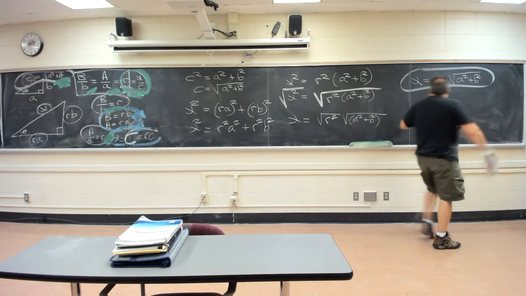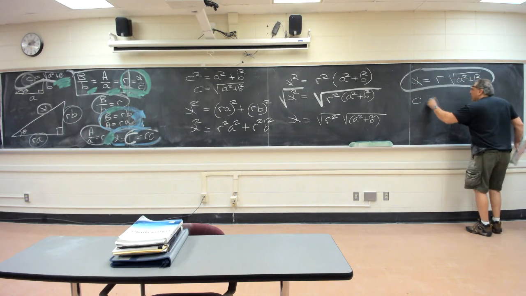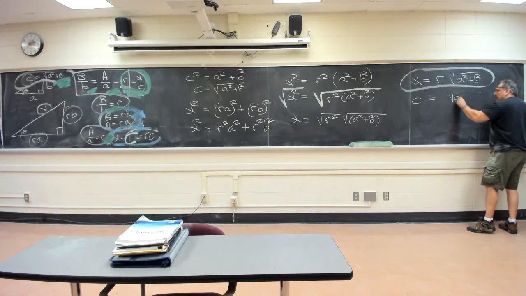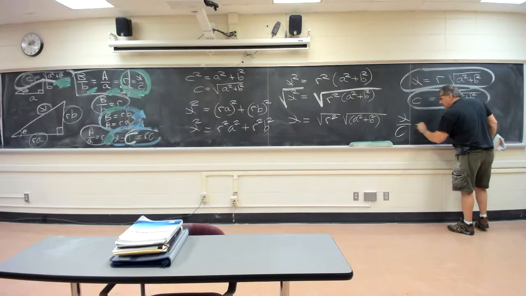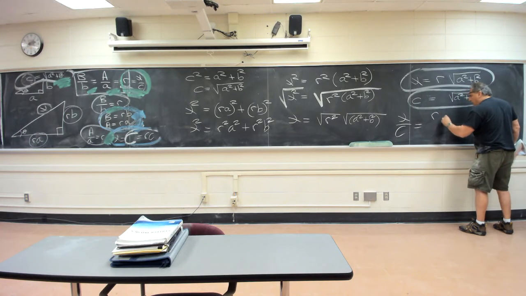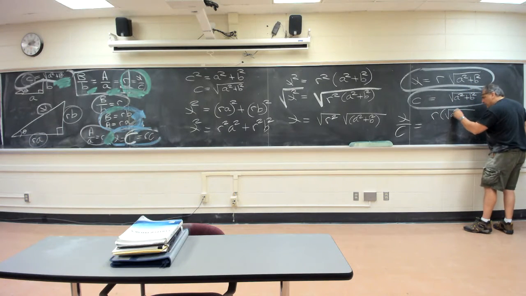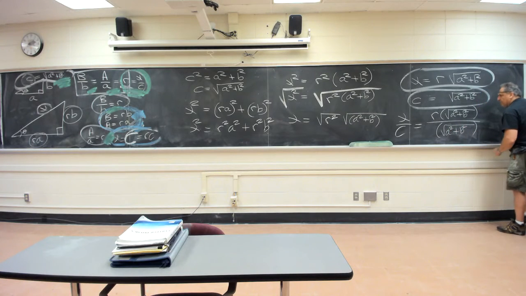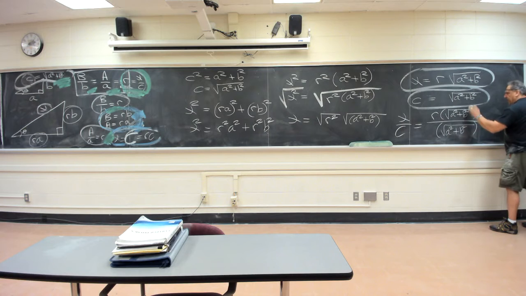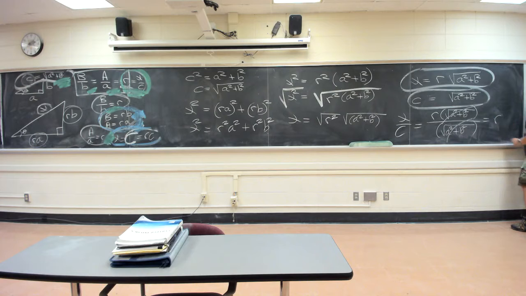Remember what we said, guys. The small c was equal to the square root of a squared plus b squared. X over c is equal to r times the square root of the sum a squared plus b squared over c. This and this are the same. Wow.